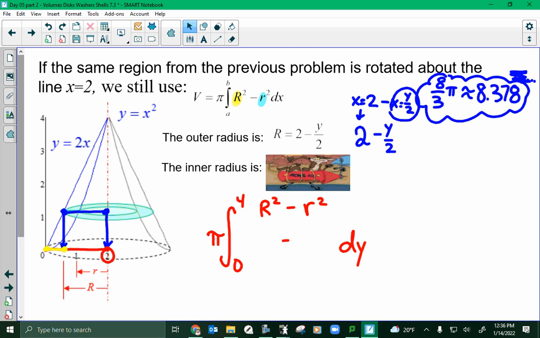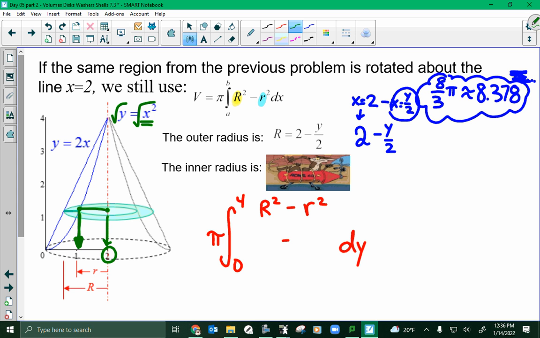Now, the inner one is the same way. I want the smaller radius. I go from here to here. I'm still going to take 2 and subtract whatever value is here. Well, that's on this graph this time. It's not on the outer graph, it's on the inner graph, which is y equals x squared. Again, I've got to get my variable to be the y, so I say x equals the square root of y. So this value right here is whatever the square root of y is at this point.